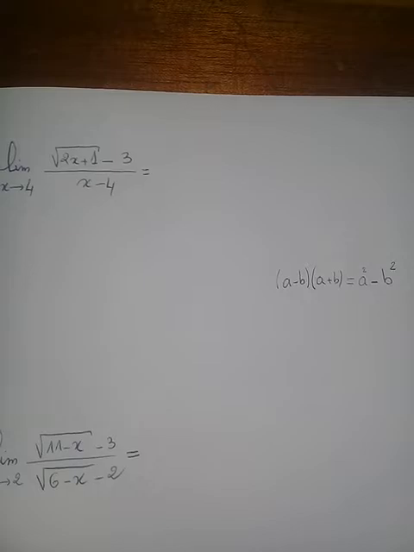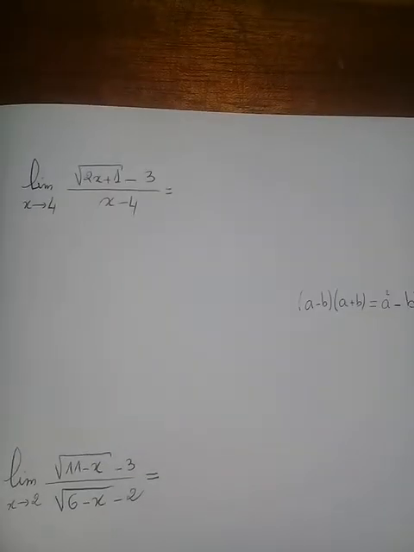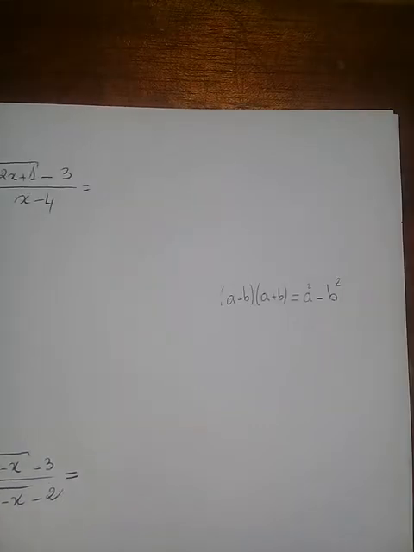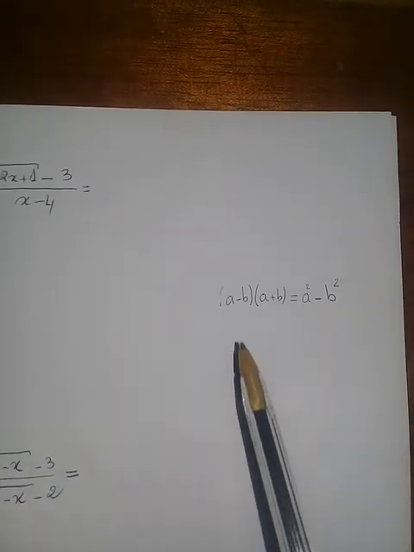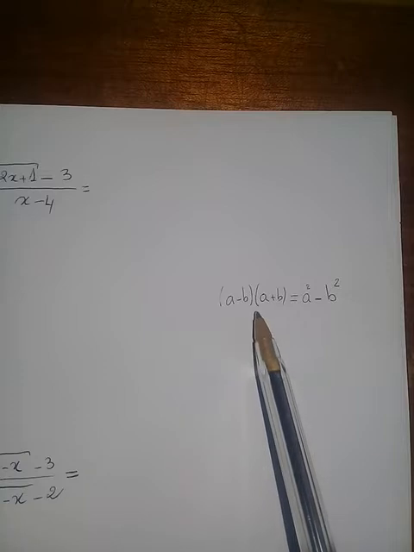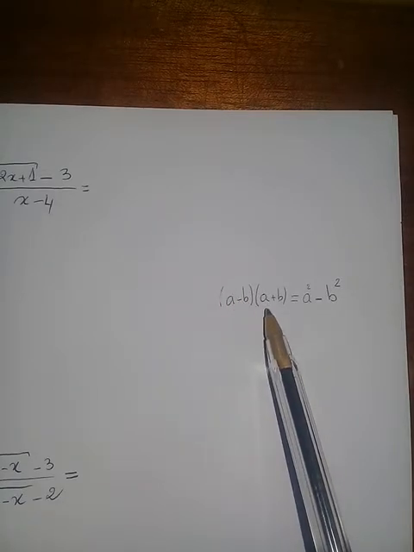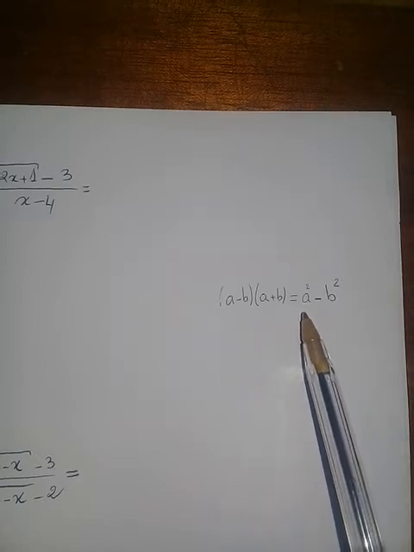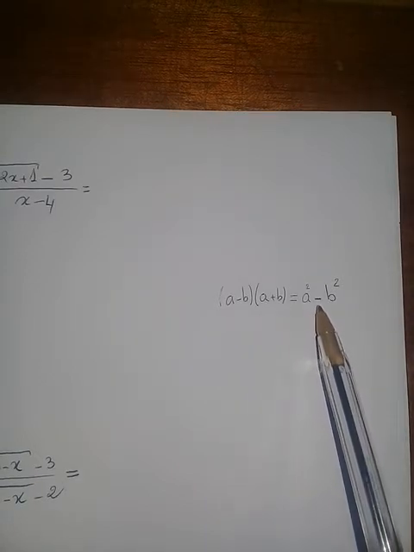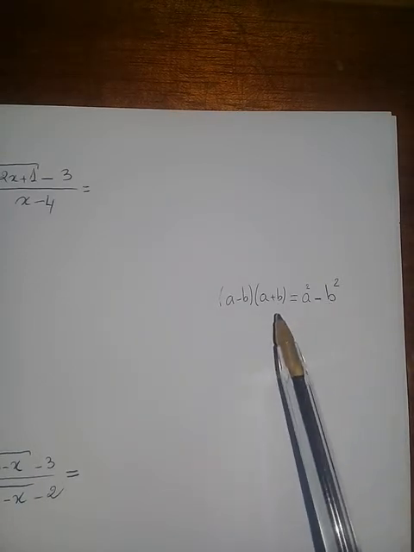Today we're going to see how to evaluate some limits using the conjugate method. But before we start, it's a good idea that we take a little revision of how to FOIL this. The multiplication of the difference of two numbers by their sum is simply the difference of two squares.